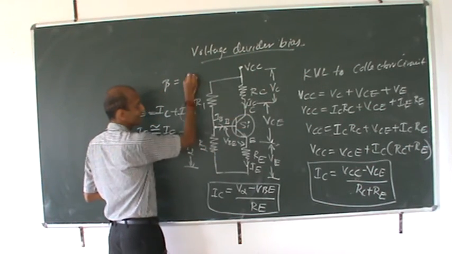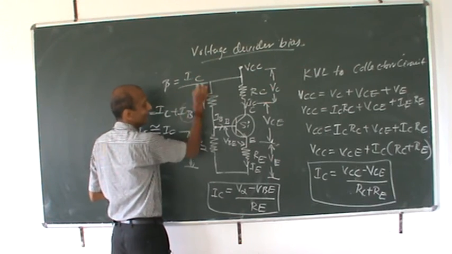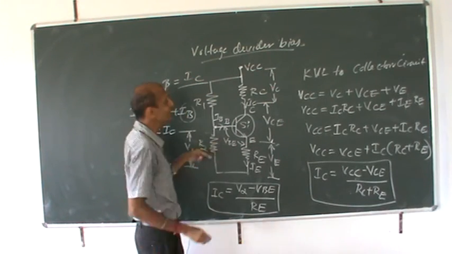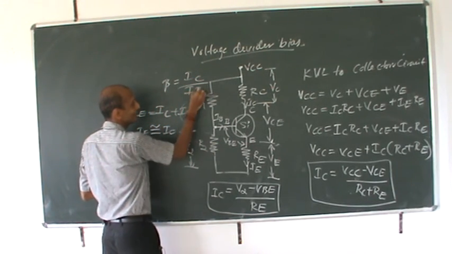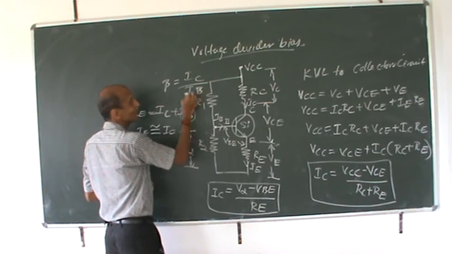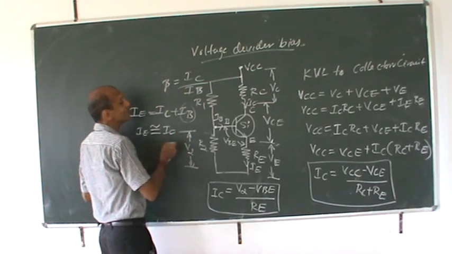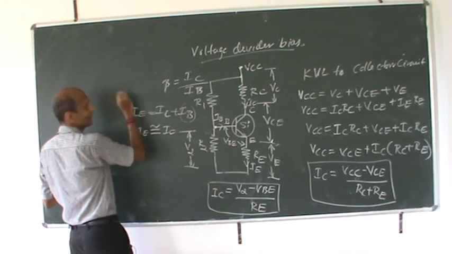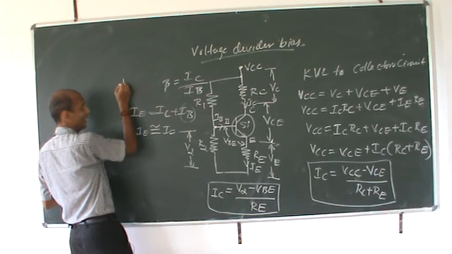What is the output current here? It is IC, divided by the input current, which is your IB. So beta can be written as IC divided by IB.